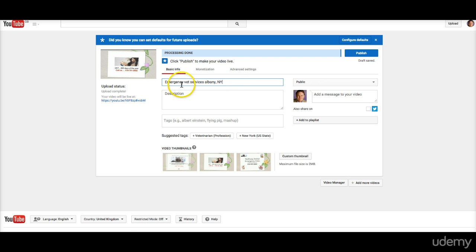It will still say emergency veterinary services in the video itself, but those words in the images within the video don't actually count as SEO. Google doesn't pick those up because as far as Google's concerned they're pictures, so it's not picking up the words in them. So it doesn't really matter about that. This is about getting the video onto YouTube and ranking it well using SEO.